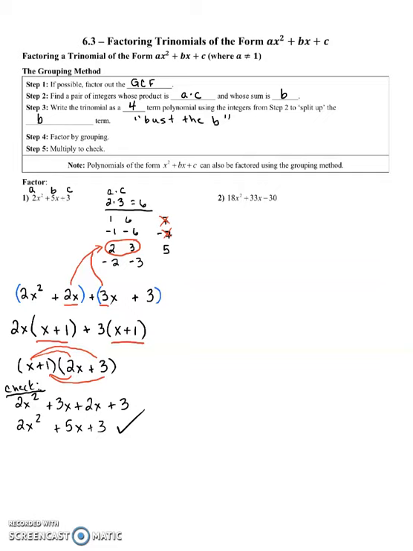Okay, so I'm going to factor out a 3 first. So that gives us 3 times 6x squared plus 11x minus 10.